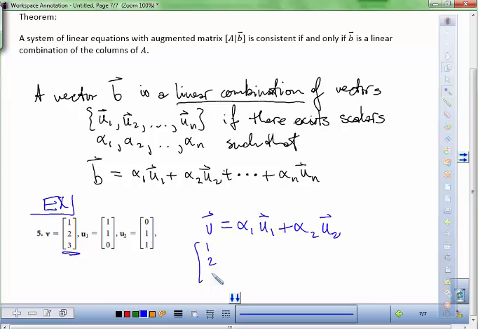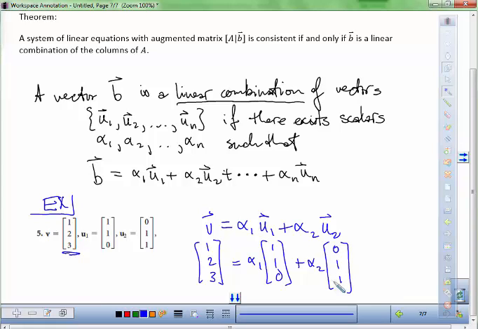So vector v is 1, 2, 3. Alpha 1 is something I need to solve for, times 1, 1, 0. Alpha 2 is another thing I have to solve for, times 0, 1, 1. And if I can find alpha 1 and alpha 2 such that this is true, then I can say that V is a linear combination of U1 and U2.